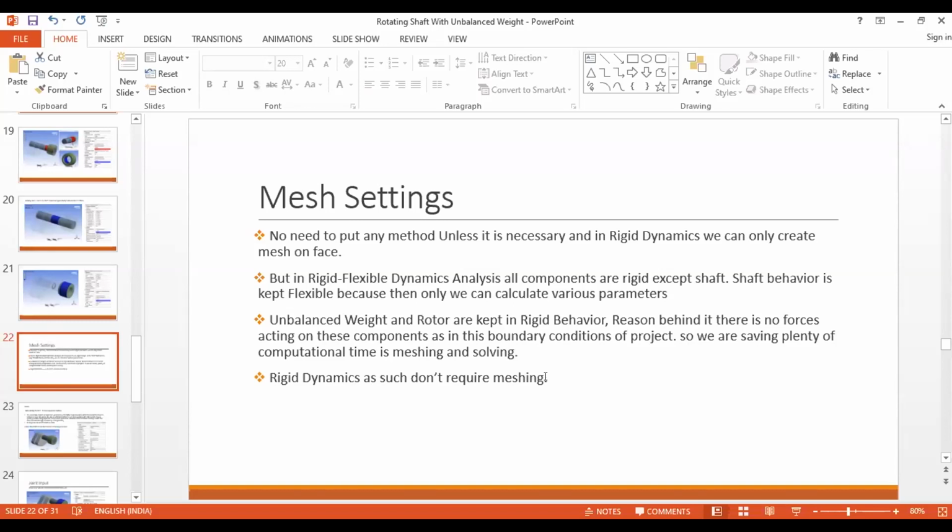If we require any meshing, we can only create mesh on a face in rigid dynamics. Generally, no one uses meshing in rigid dynamics. That's why we use rigid dynamics to get instant results in our analysis.